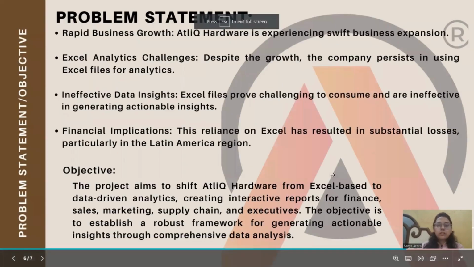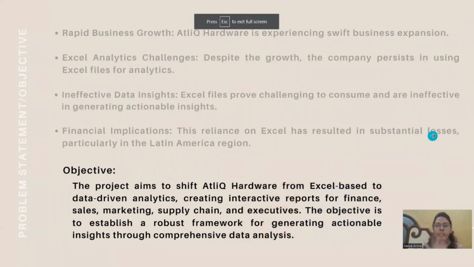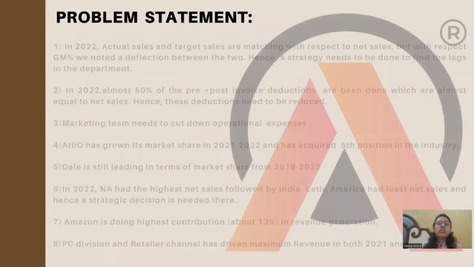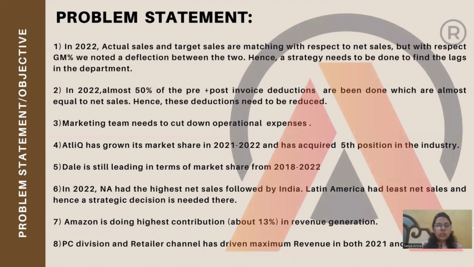So let us summarize all the insights we have discussed. I have mentioned them here at a glance. We discussed how our actual sales and target sales were not matching for the net sales, but we had a reflection in gross margin percentage. Then we saw that we were giving pre and post invoice deductions almost equal to net sales.